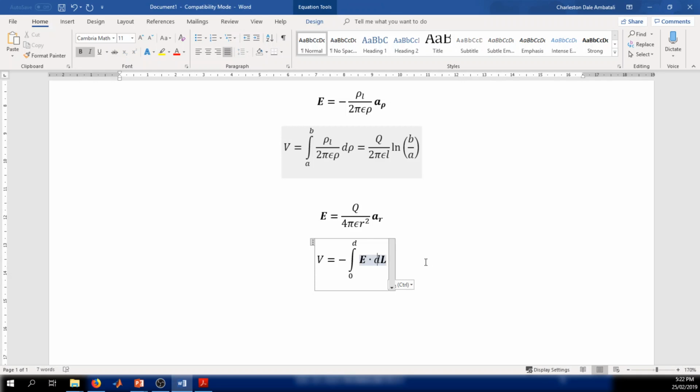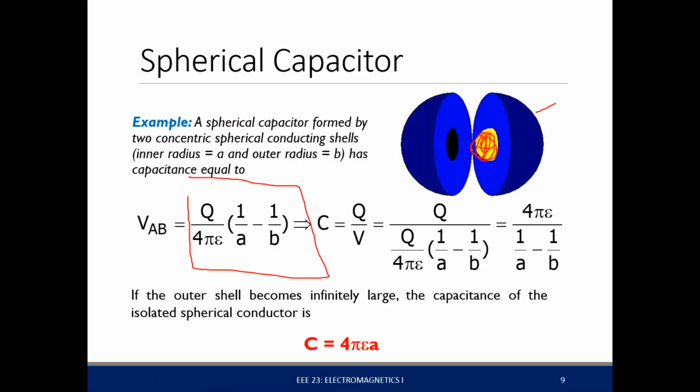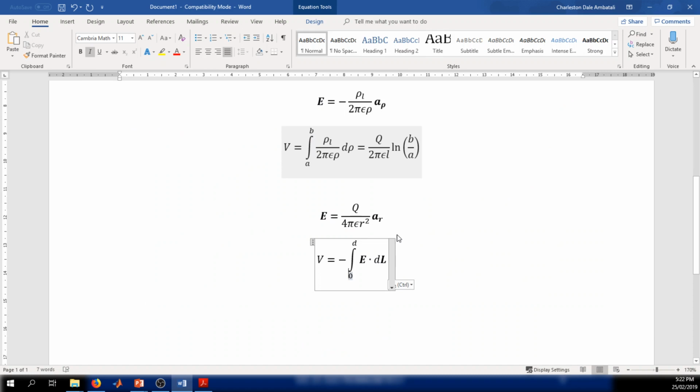So the voltage in this case, we integrate, since we set this as the positive and this is the negative, from the outer radius, so that's B, to the inner radius A. So from B to A, so the integral becomes negative integral from B to A, E dot dl.